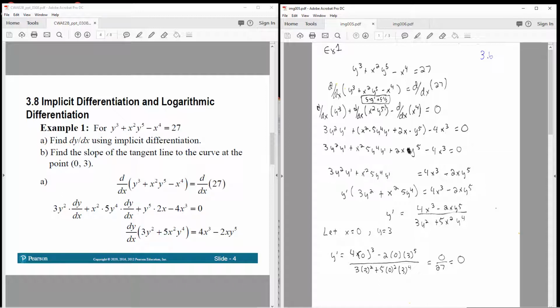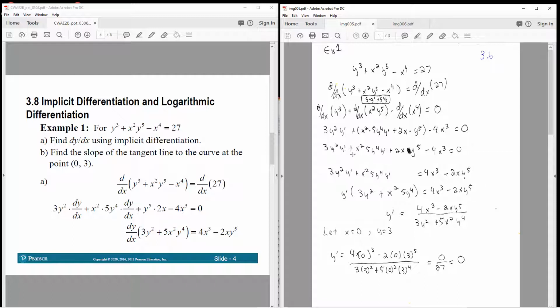And here I have a product. So I have the first one times the derivative of the second one, which is going to be what, 5y to the fourth y prime, plus the derivative of the first one, which is 2x times the second, which is y to the fifth, minus the derivative of x to the fourth, which is 4x to the third. So now that I've done that, I want to collect my y prime terms.